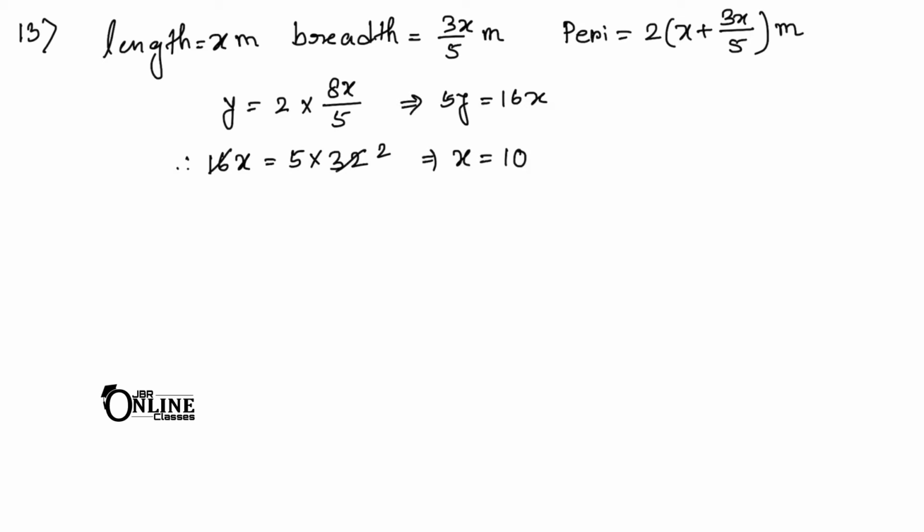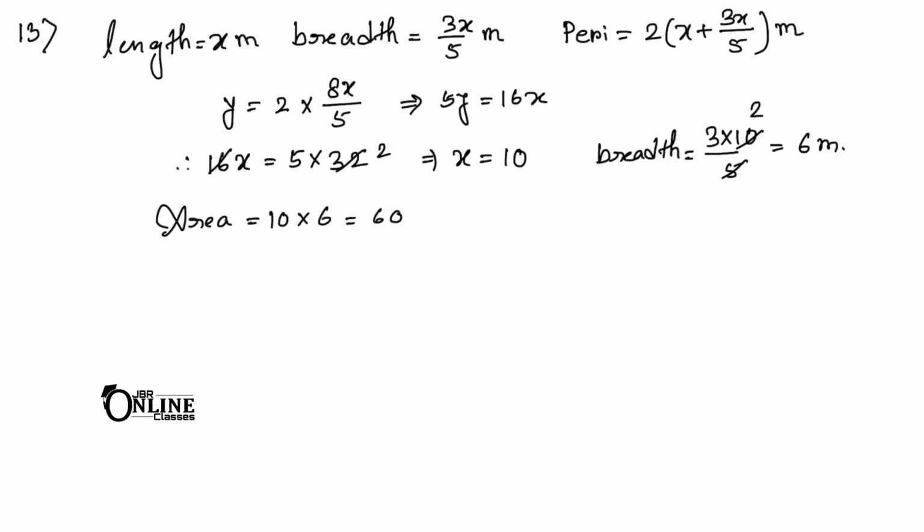So if x equal to 10 meter, then definitely breadth equal to 3 into 10 by 5, so that equal to 6 meter. Okay, x equal to 10 meter, breadth equal to 6 meter, so area equal to 10 into 6, that means 60 meter square or square meter.